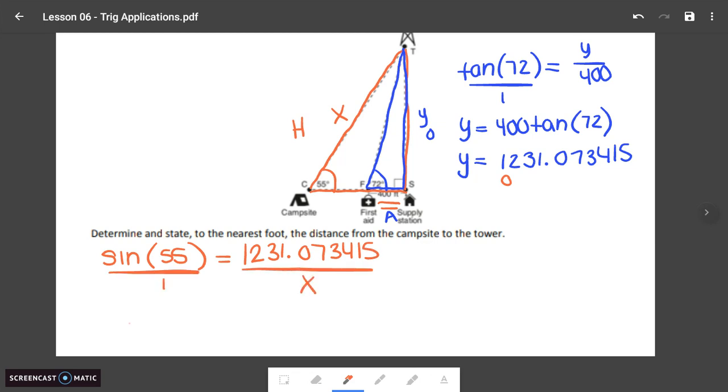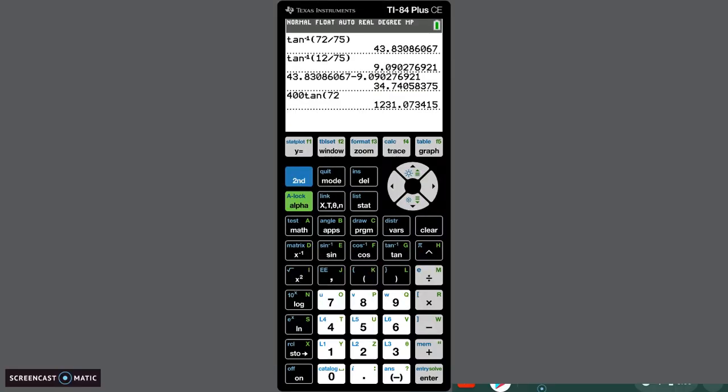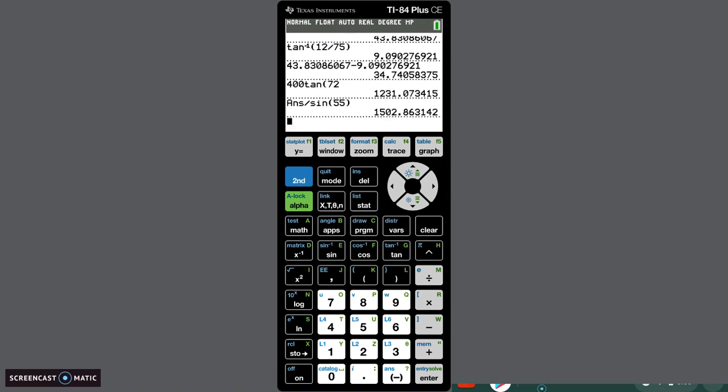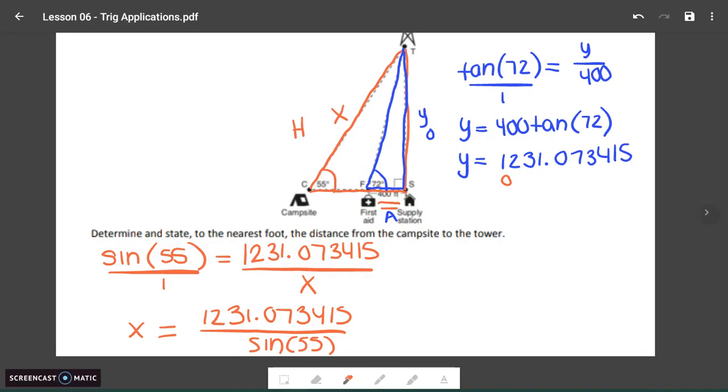When I cross multiply, we'll end up with that number divided by sine of 55. So I already have that stored in my calculator, so I'm just going to divide by sine of 55, and we get 1,502.863. We want to round to the nearest foot, so 1,503 feet.